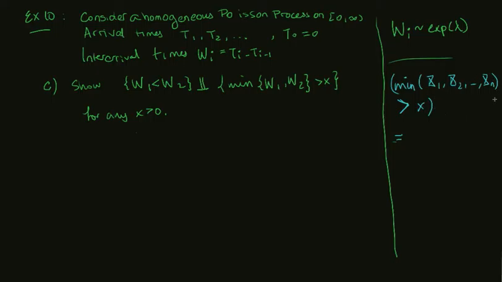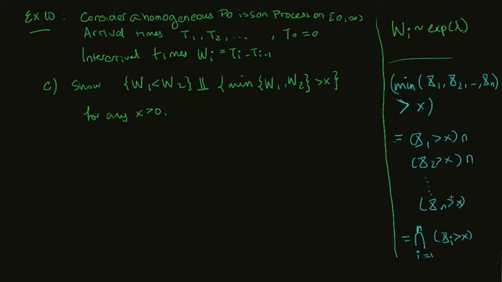If the minimum of each of these x's is greater than x, then that means that x1 has to be greater than x, and x2 has to be greater than x, and x3 has to be greater than x, and so on. So they all have to be greater than x. And when I say all of these have to be true, what I mean is I intersect all of these events, for xi being greater than x, for i going from 1 up to n.